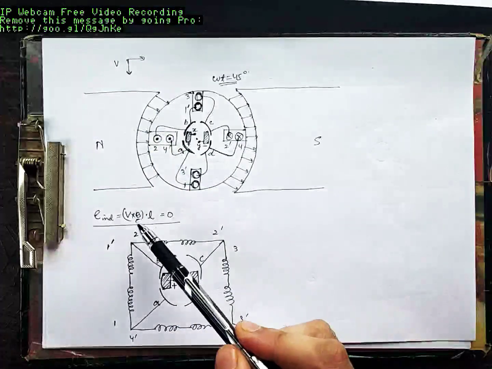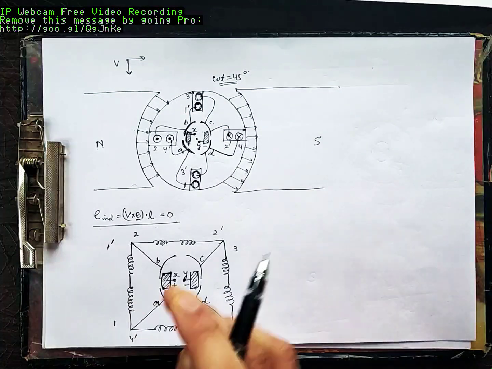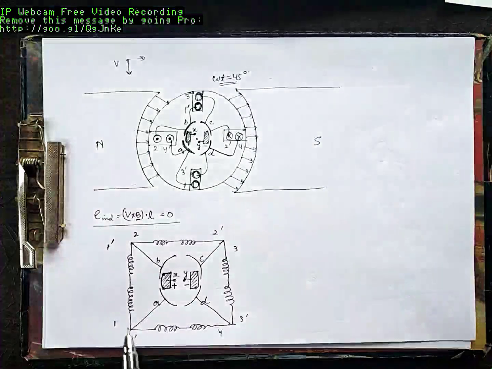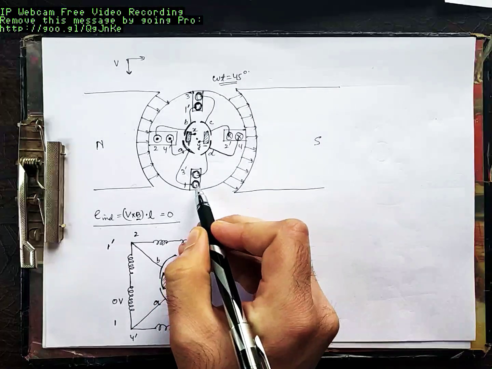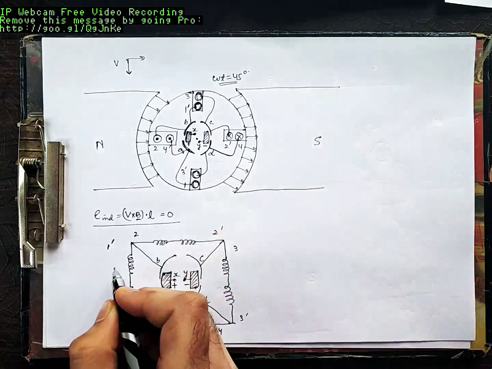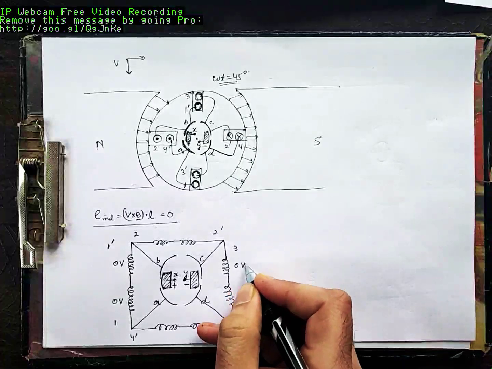When B is 0, how much E is induced in 1 prime? It is 0. Similarly for 1 prime, the magnetic field is 0, so the voltage is 0 volt. For 3 it is 0 volt. For 3 prime it's 0 volt.